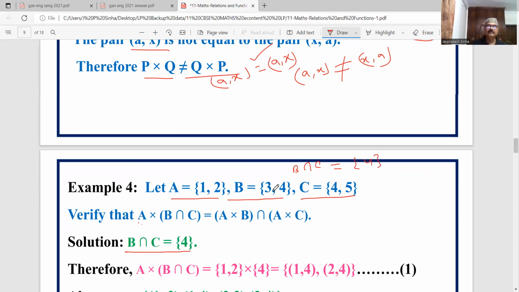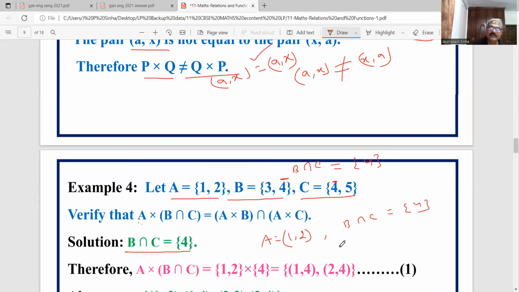Correct? 4 is common here, here also it is 4. So now this is one set, and A is {1, 2}, and B intersection C is equal to {4}.